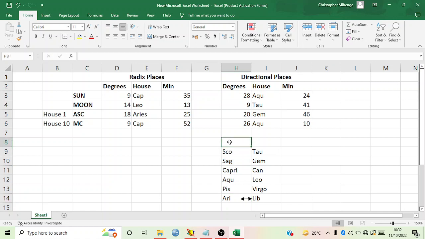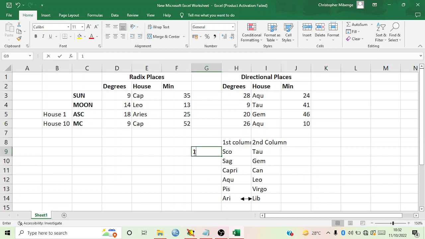So I've got the first column, and then we've got the second column, right?